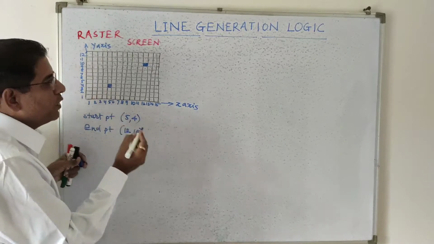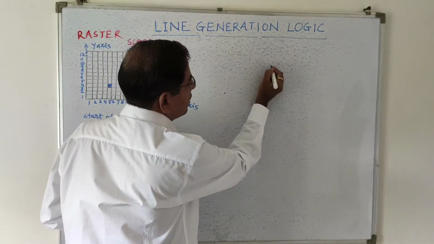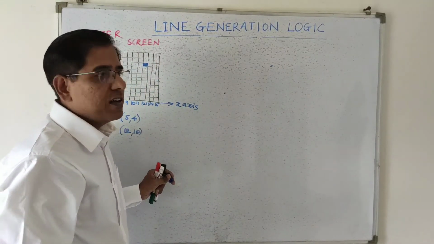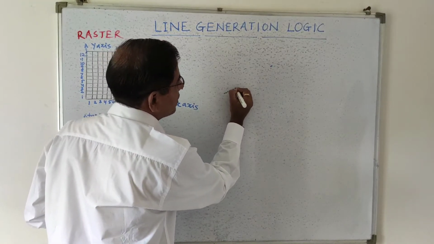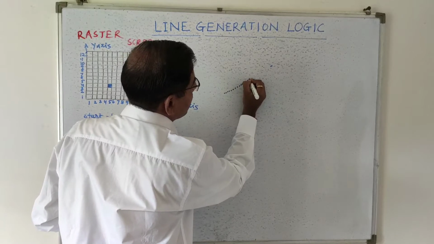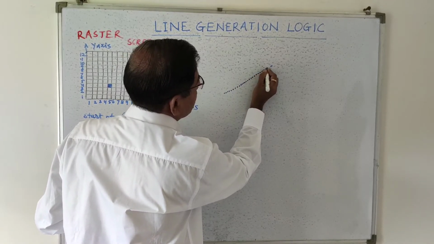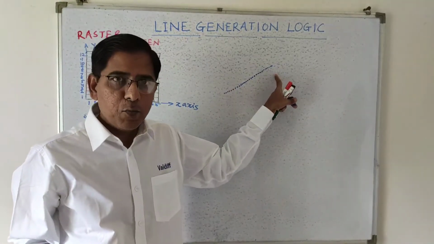Now we know what a line is. This is the start point of a line, this is the end point of a line, and a line is nothing but a set of points in between the start point and end point. These are the set of points between start point and end point.